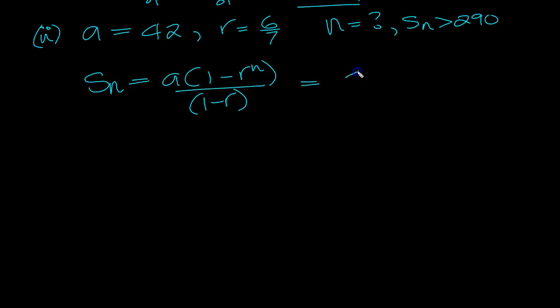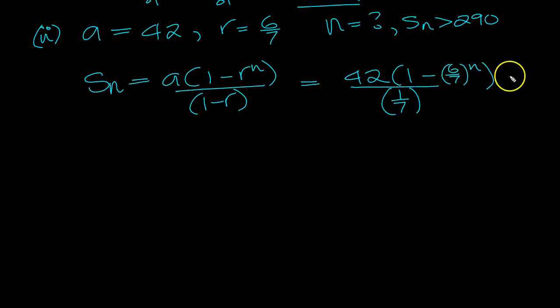So we've got 42 over 1 minus 6/7, which is 1/7, times 1 minus 6/7 to the n is equal to, say, 290, or greater than 290. When does that happen?